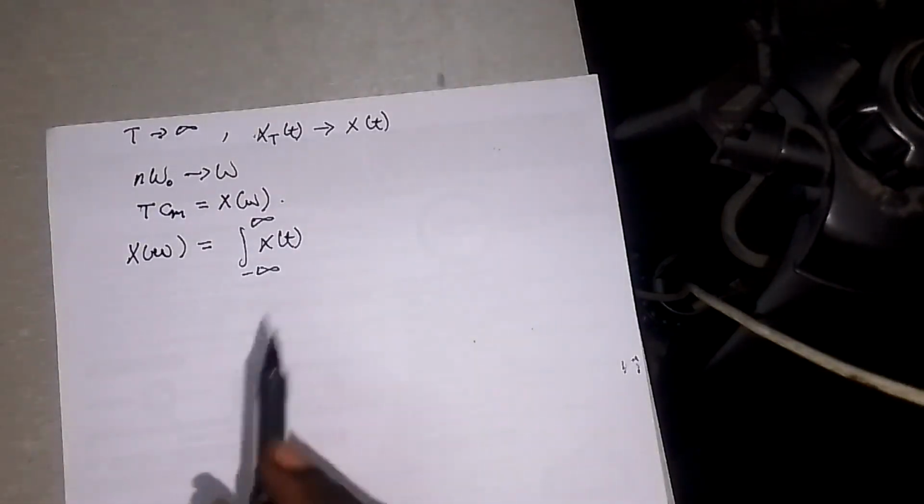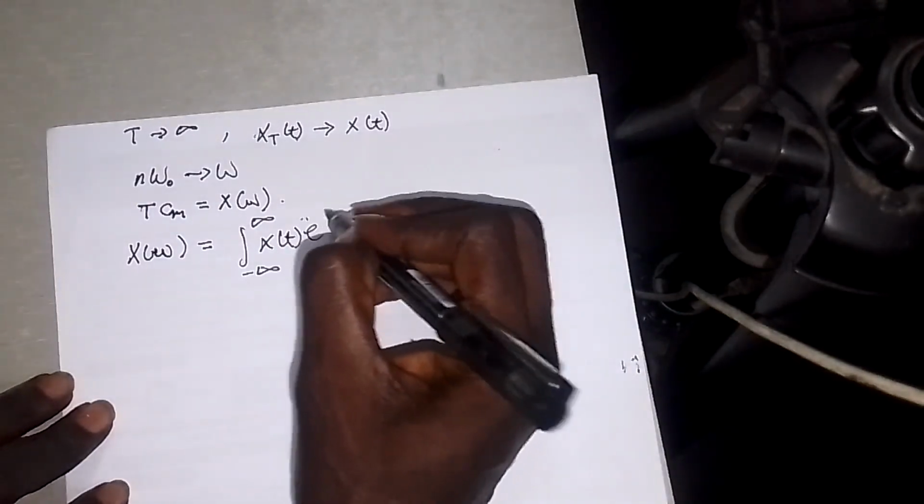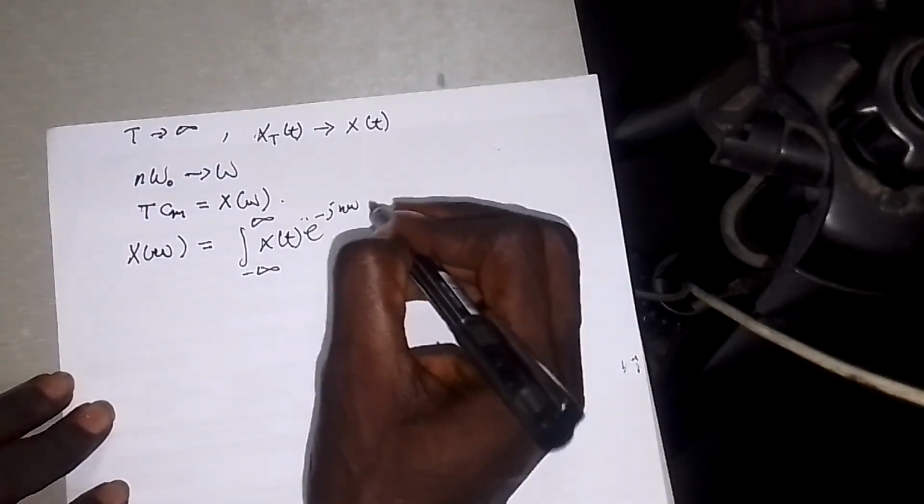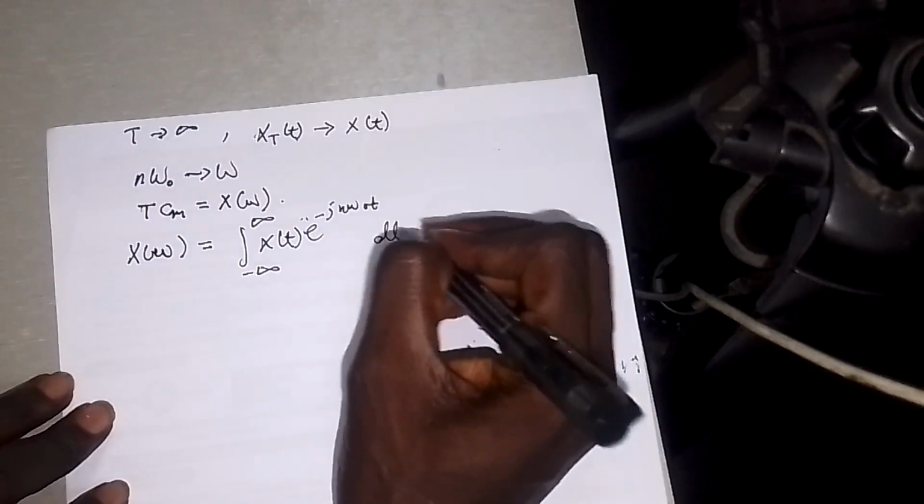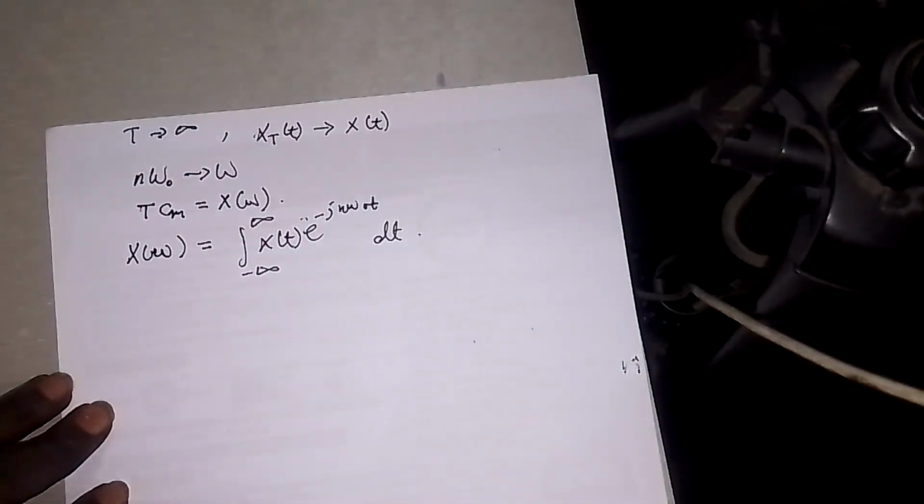So here becomes x of t into e to the minus j n omega naught t dt.